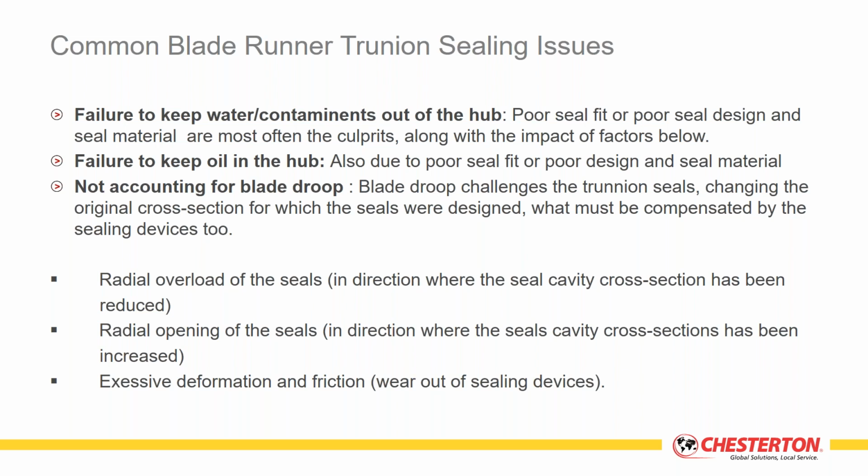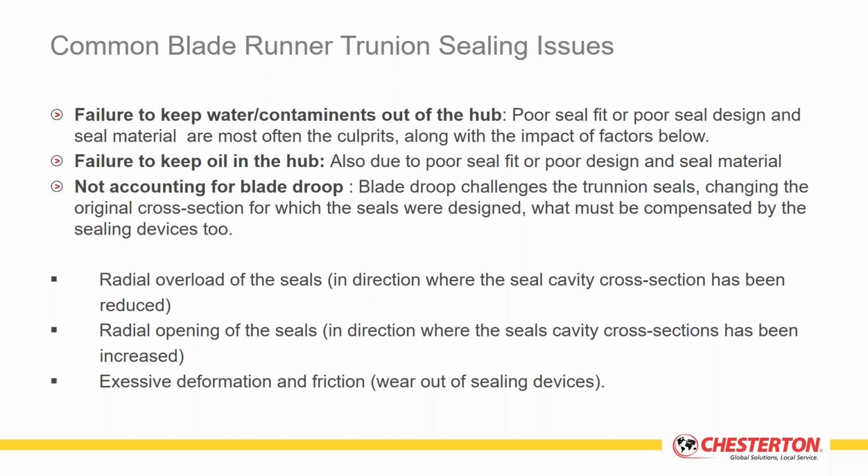And a typical problem is that in many cases customers do not take into consideration the blade droop itself, especially not in turbines that have been in operation for a longer time. But the blade droop itself has a significant impact on the seal, because radial overload can occur just because of this blade droop.